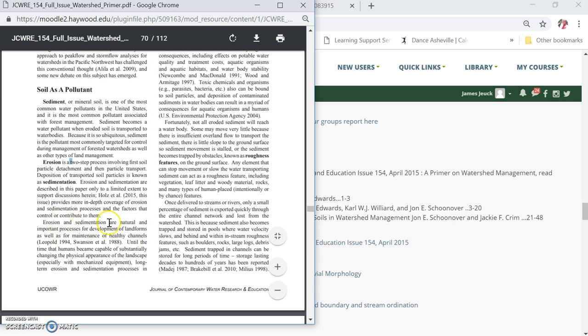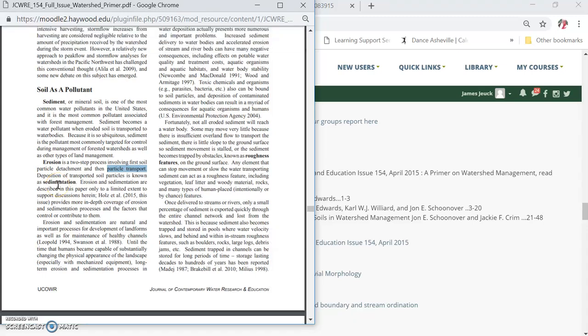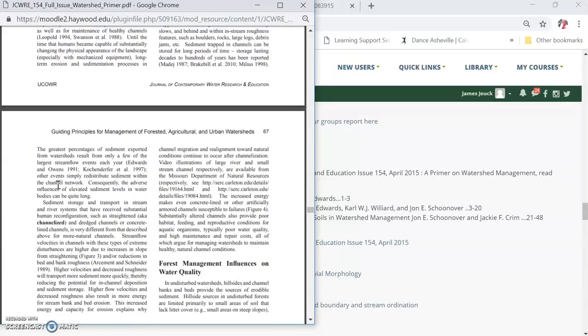So the two parts of erosion are that the particle gets detached by the energy of the water, and then the water grabs the particle and transports it. Okay, so you have erosion, which is these two parts, and then sedimentation, where the water loses energy and the particle drops out, and that's where you get sedimentation from.